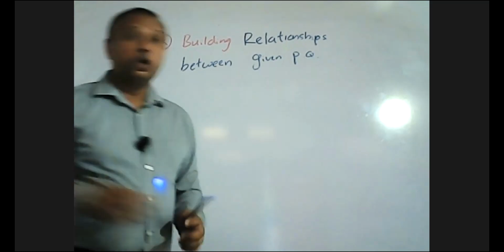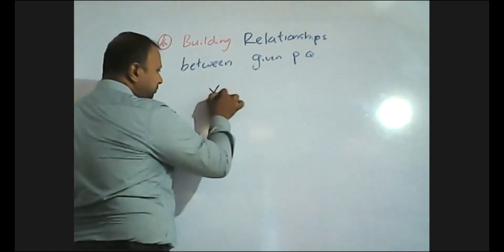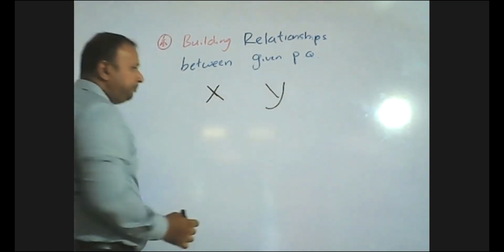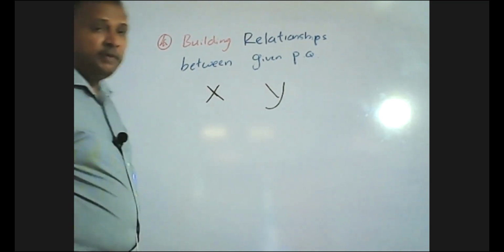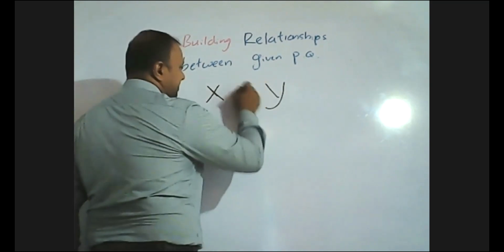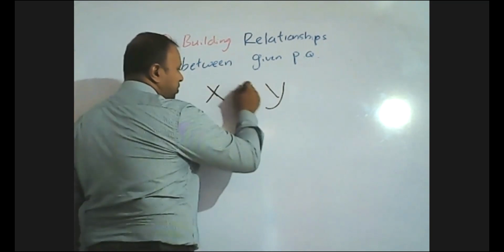Normally, direct proportionality can be represented symbolically as this mark. This is the symbol of proportionality.